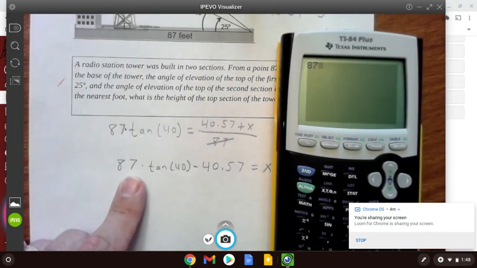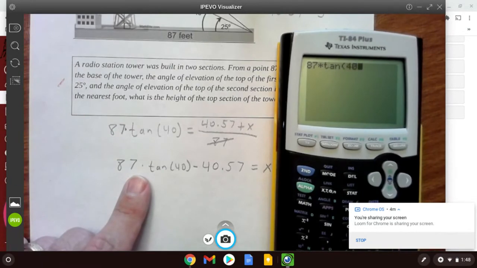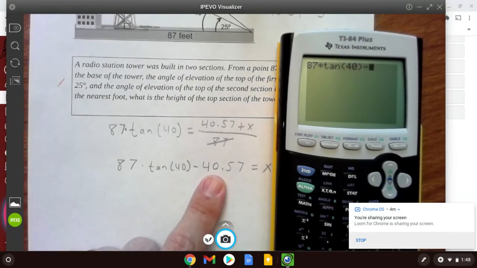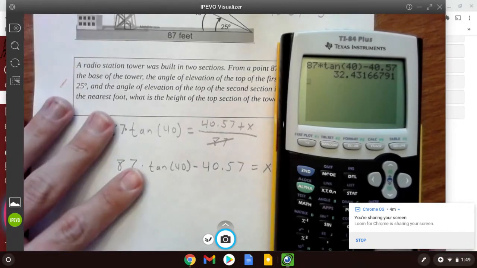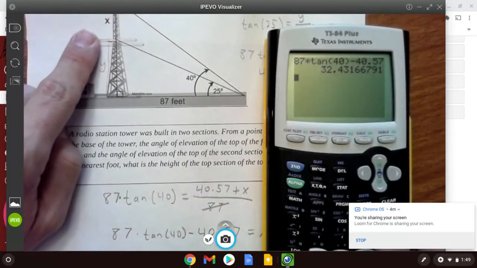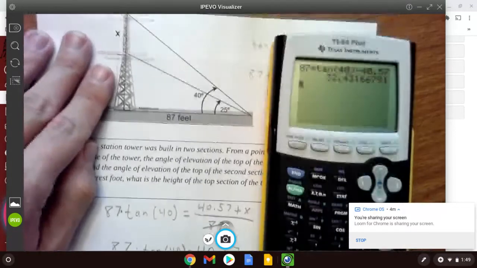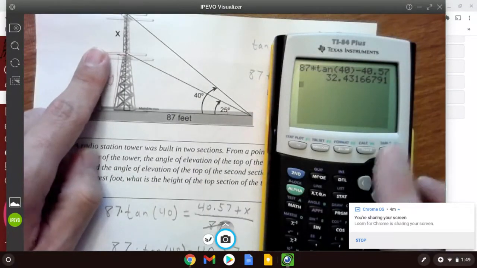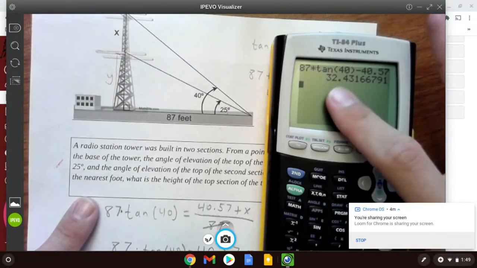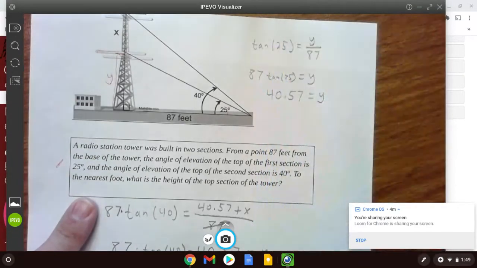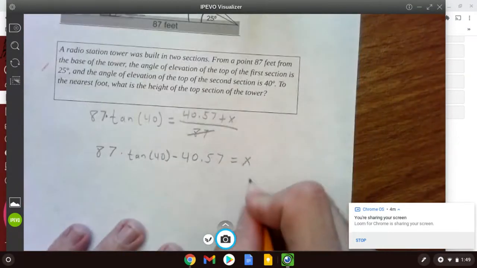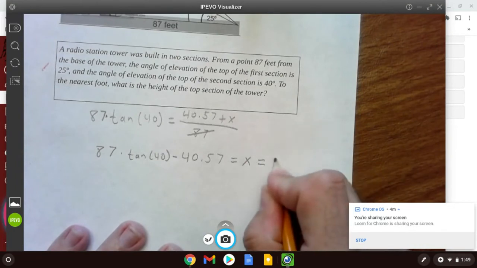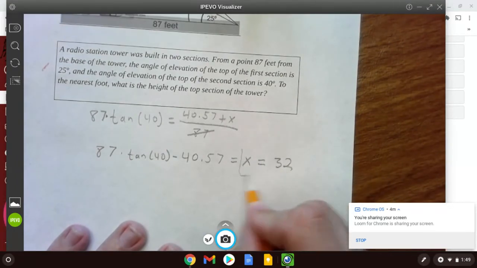So 87 times the tangent of 40, minus that section that we didn't care about, 40.57. The top section here is going to be 32.431. Since they wanted it to the nearest foot, it's going to be 32 feet. So x is approximately 32 feet.